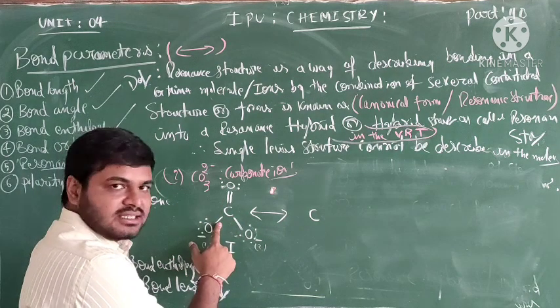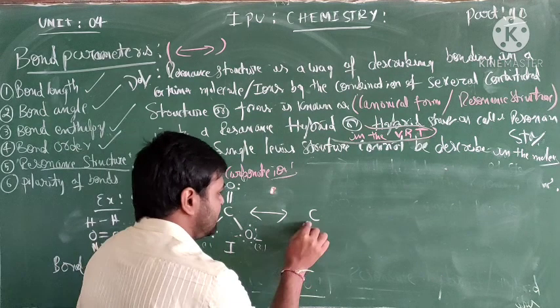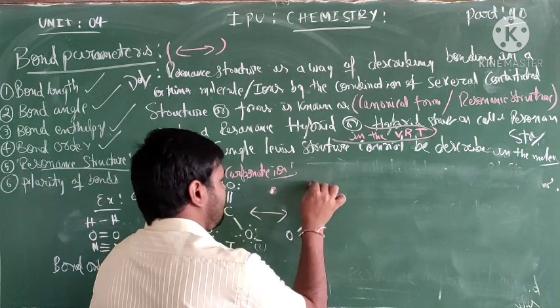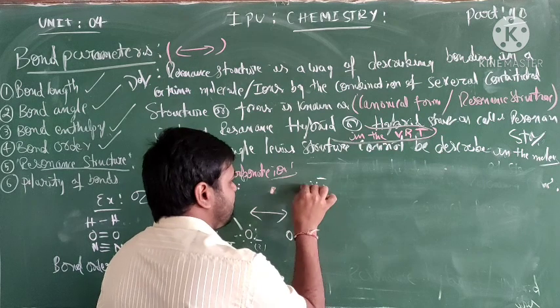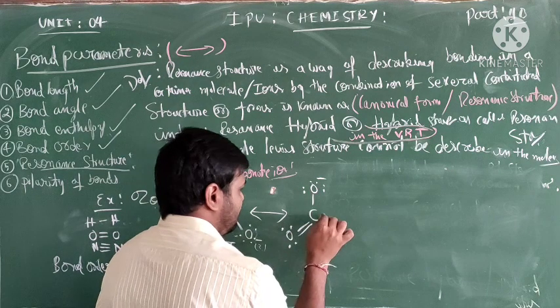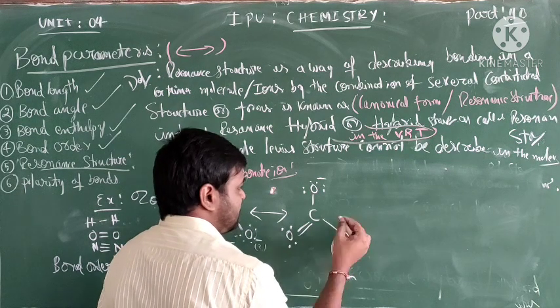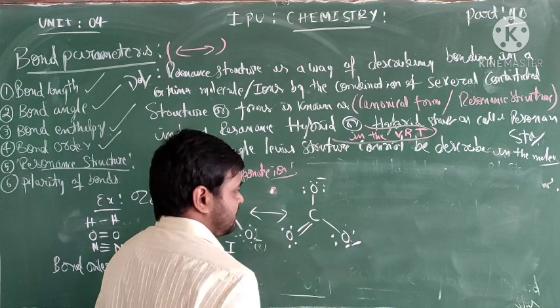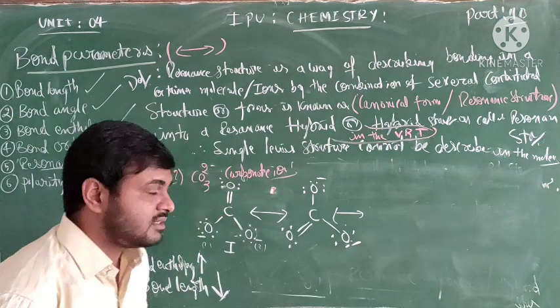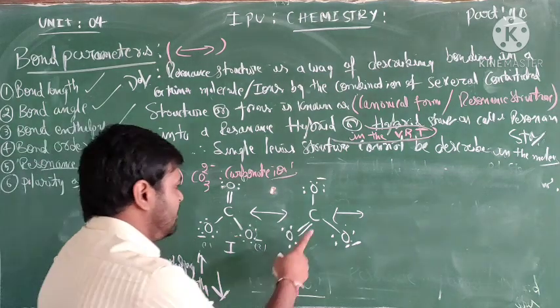So it comes over to the second oxygen, and this oxygen carries the minus charge. Okay, one more type of canonical form.